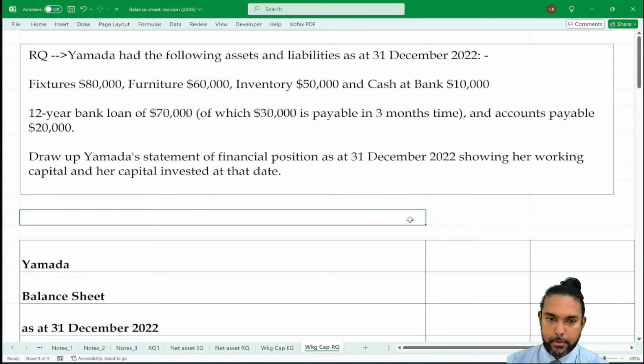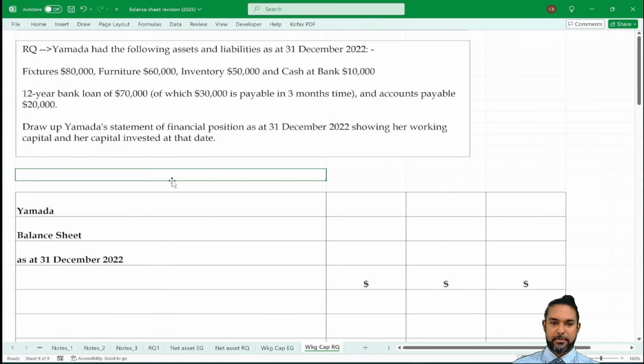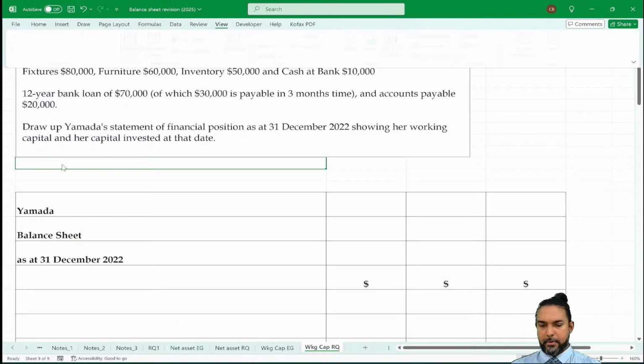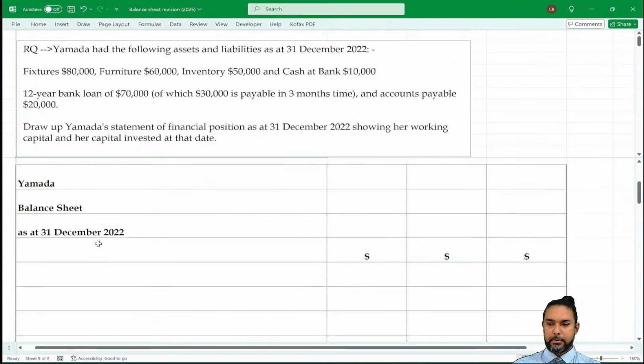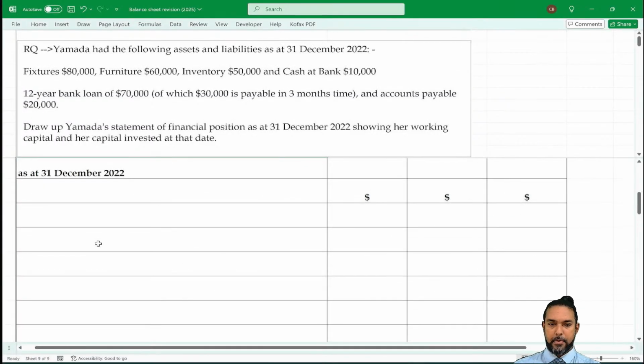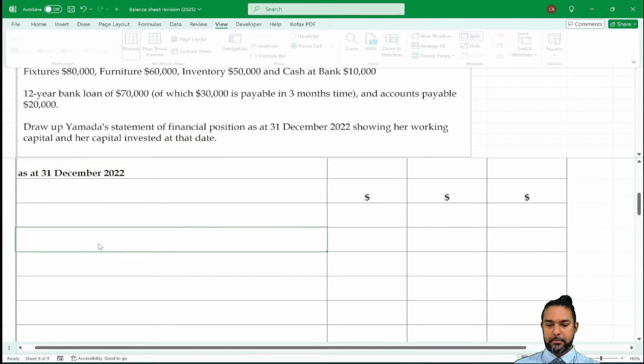All right, let's start. So let's zoom out to about 160 is fine.